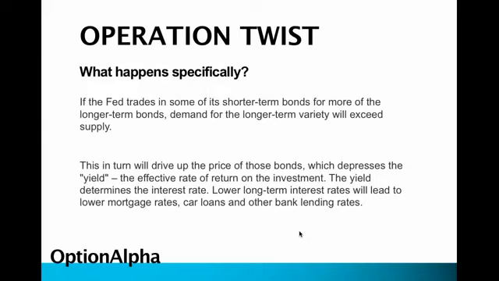So what the Fed is trying to do with Operation Twist is take money from shorter term securities, buy long term securities, and push interest rates down for things like car loans, bank loans, mortgage rates, etc. Already short-term lending rates are at really, really low levels, but they also want to do that on the long-term end as well, and that's the way they're going to try to do this with Operation Twist.